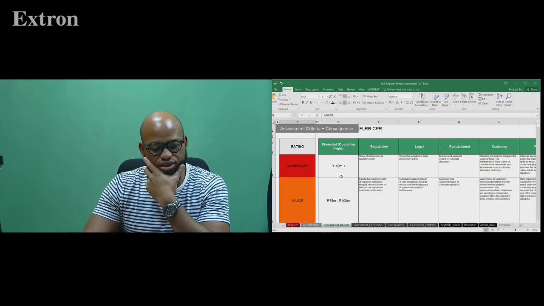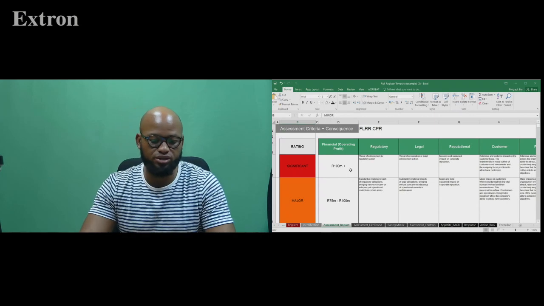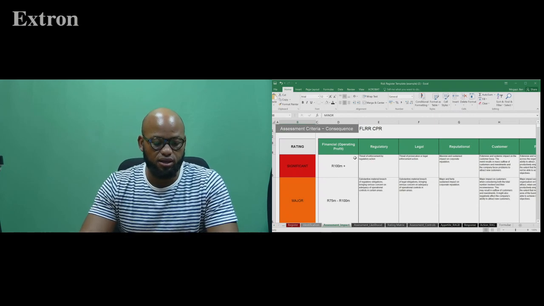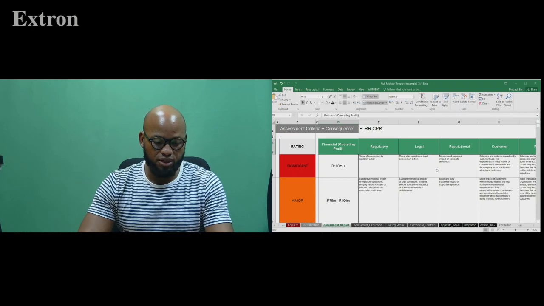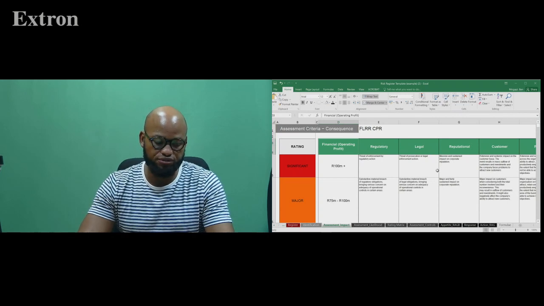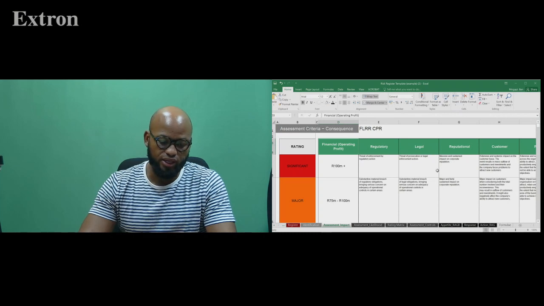What are the variables that we can think about when we're trying to assign a rating to a risk? We can think about it from a financial perspective. If a risk has a financial consequence, then we can create brackets.